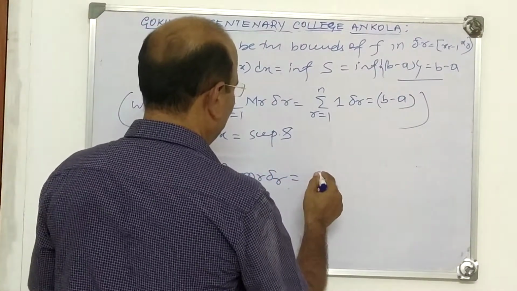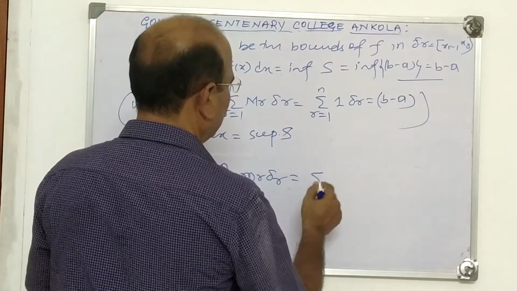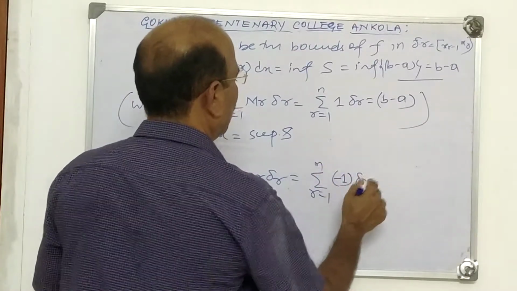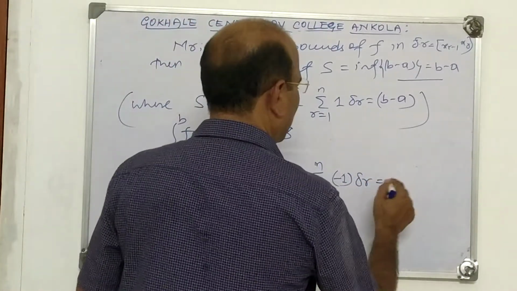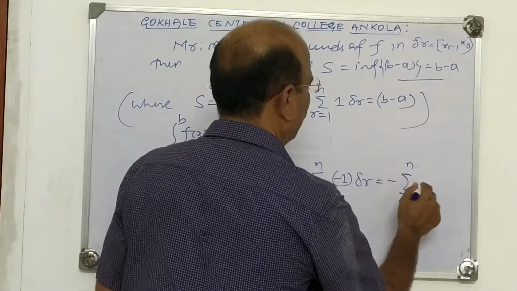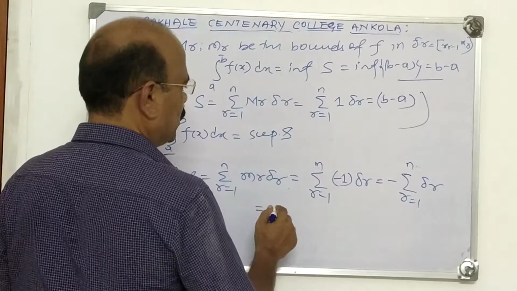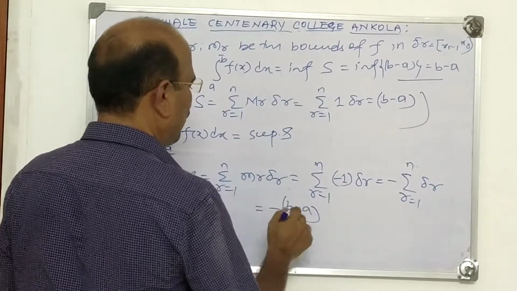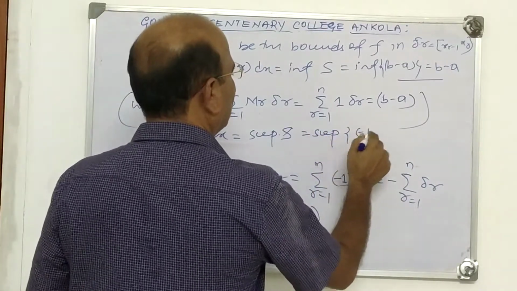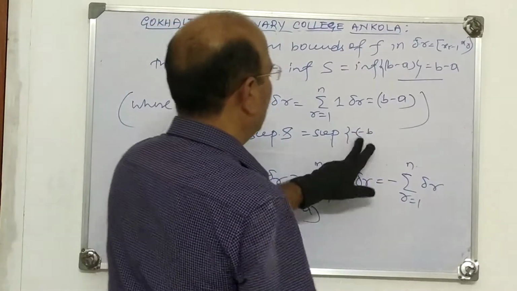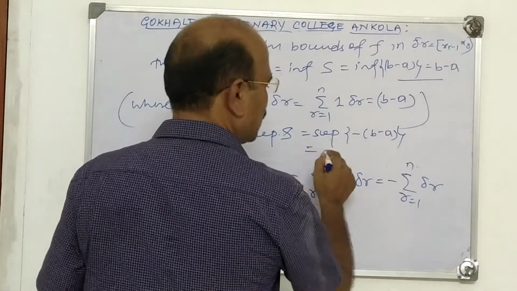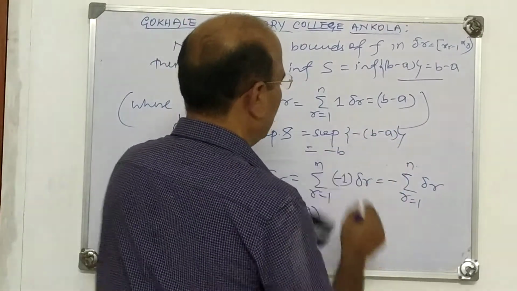Small s is therefore sigma r equal to 1 to n, where small mr is minus 1 into delta. So it is minus of sigma r equal to 1 to n delta, which is minus of b minus a. So it is the supremum of minus of b minus a. This set is constant, so it is minus of b minus a.